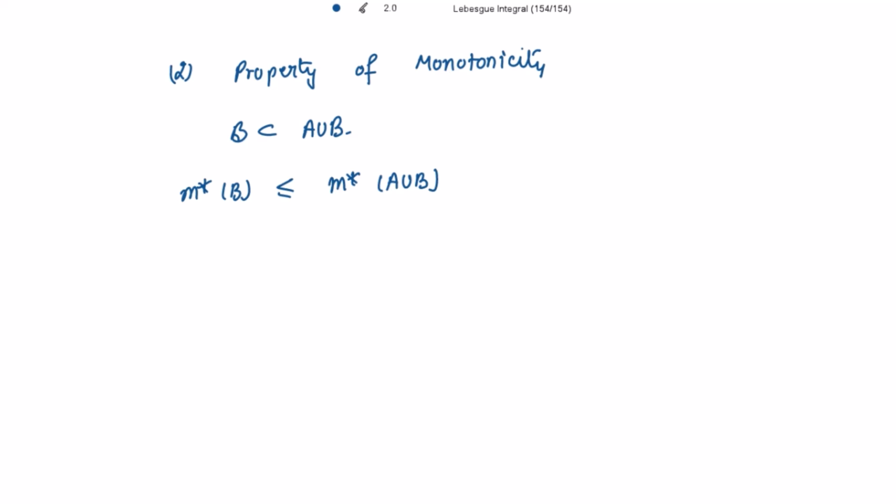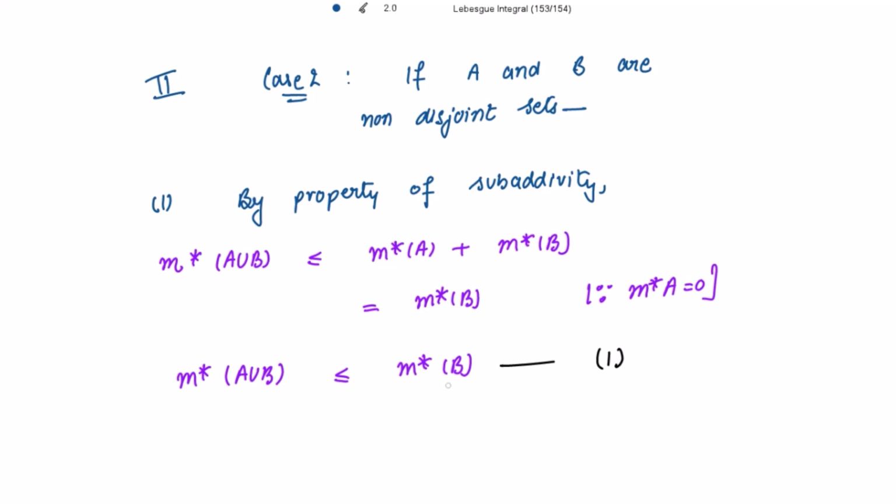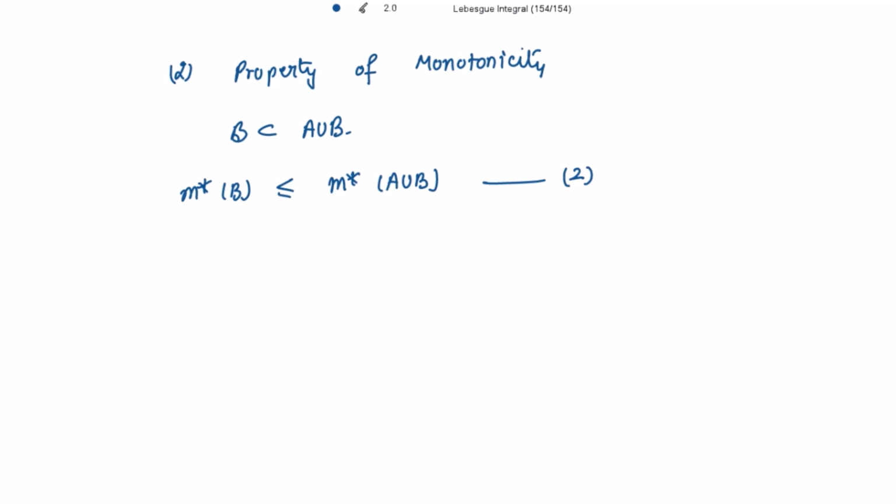So by monotonicity, we get the second inequality: the measure of B is less than or equal to the measure of their union. In the first inequality, we got the measure of their union less than or equal to the measure of B, and here we get the measure of B less than or equal to the measure of their union.